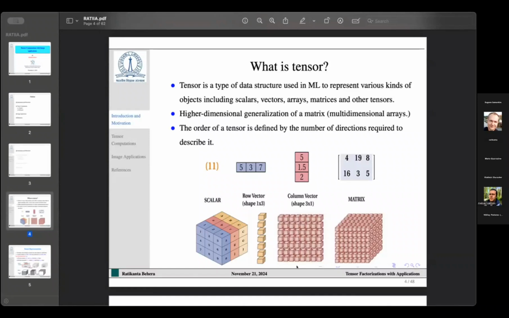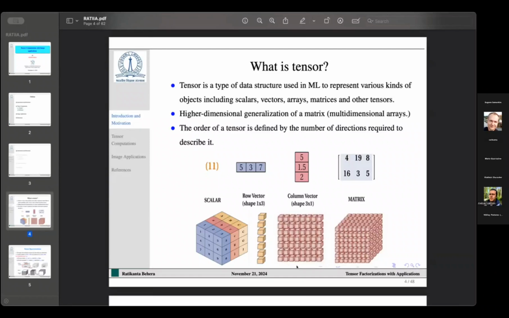The fourth order tensor is basically a column vector where each element is a cube. The column vector is one direction, and each object is a 3D cube. So cube, plus one more direction, gives the fourth order tensor.